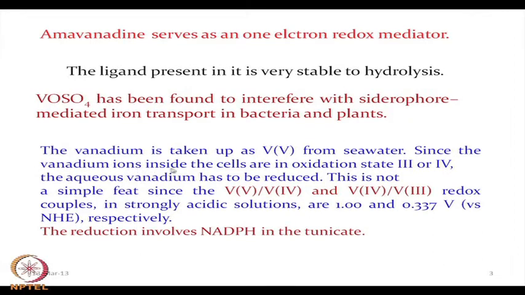And we also see that when vanadium is taken up as vanadium-5 from seawater, so in the pentavalent oxidation state, it is initially trapped by the ligand, and inside the cell, when they are getting stabilized, it is not the +5 oxidation state, it is some reduced form of this metal ion, that means the +3 or +4 oxidation state is getting stabilized in aqueous medium. So, how do we get that?